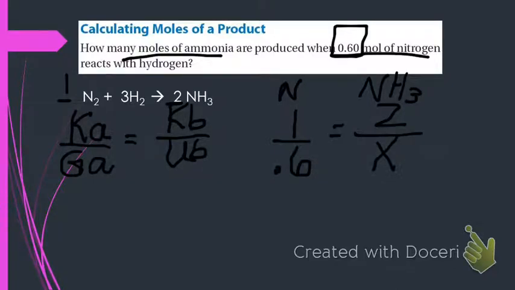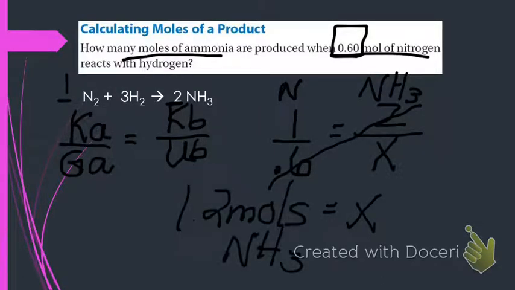If I multiply across, 0.6 times 2, divided by 1, okay, X equals 1.2 moles of ammonia. It's very important that you keep everything labeled and organized in your work.